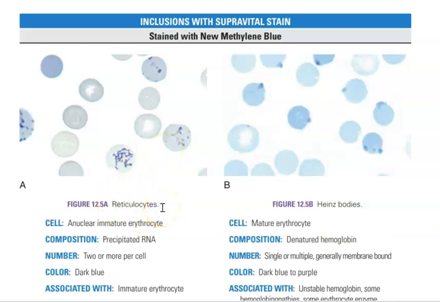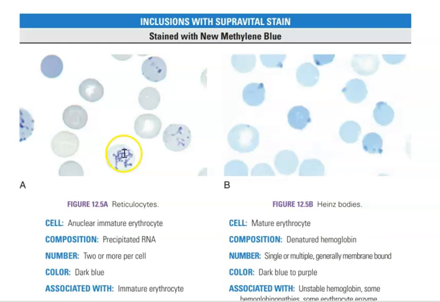So if you remember, reticulocytes are the step right before mature red blood cells. Usually reticulocytes have that bluish purple color to them anyway, but they will appear bluish colored because of the stain, if you're using a supravital stain, in particular the new methylene blue. But also something that you'll be able to see in the supravital stain that you won't be able to see in the Wright stain with the reticulocytes is the remnants or the precipitate of the RNA.